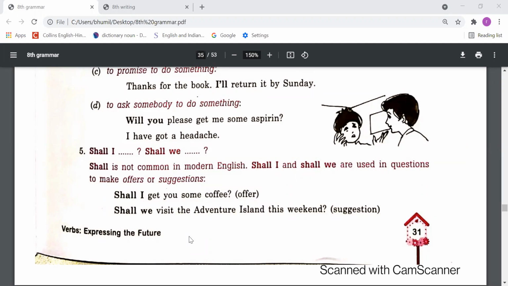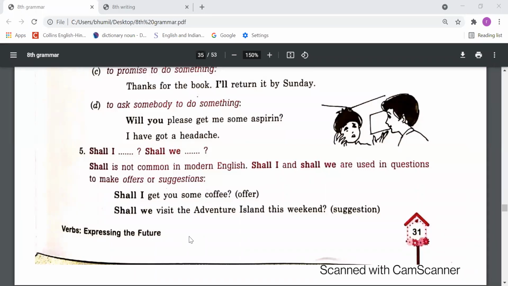That's why people have stopped using shall, because with every type of subject will is right, so they don't use shall. But if you use the auxiliary verb shall with I and we, that's also right, but usually people don't use it, because will is always right with I, we, you, he, she, with every type of subject, right?